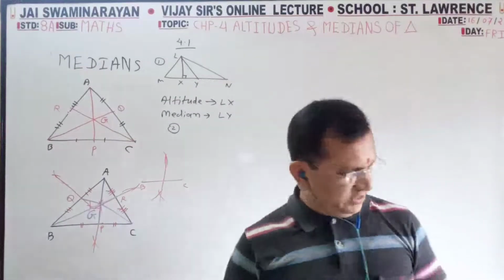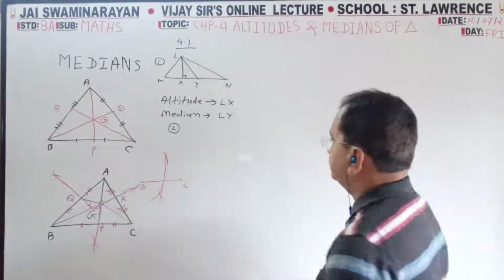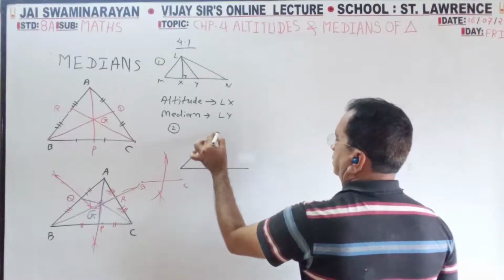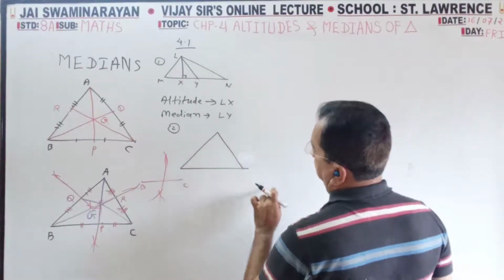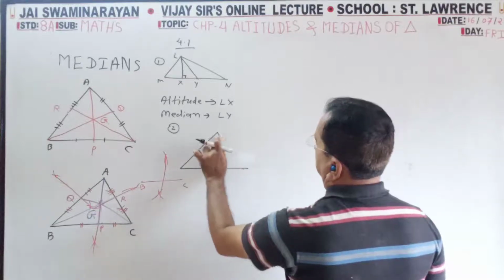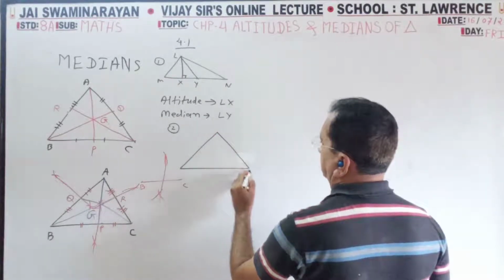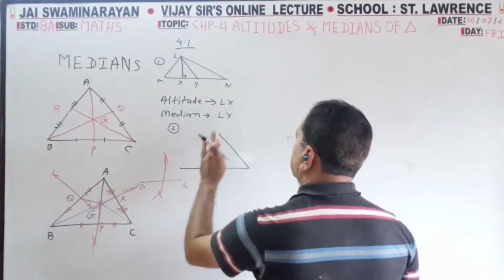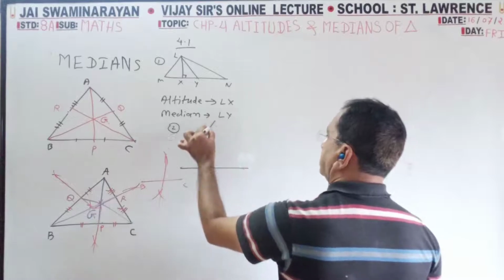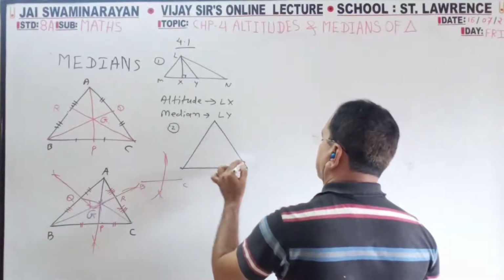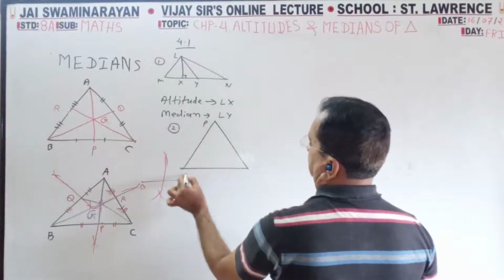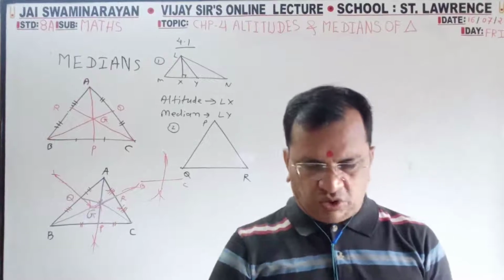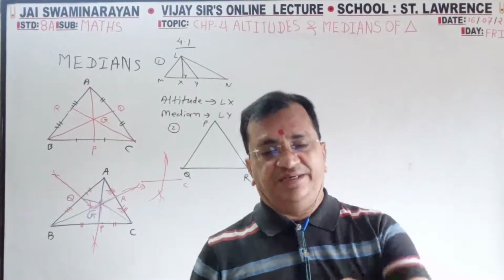Name the point of concurrence O. Okay, so this is P, this is Q, this is R. You have to draw the triangle whose all three angles are less than 90.